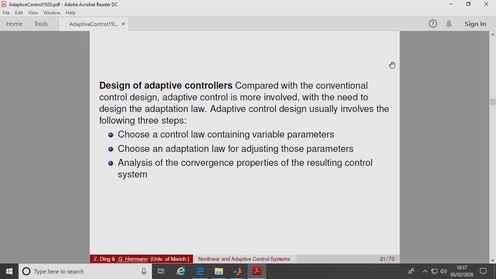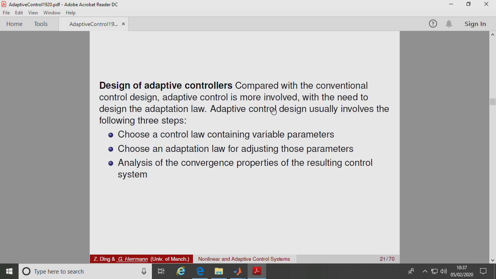And then we need to choose an adaptation law, and we will see that we can do this through Lyapunov analysis. Then we have to analyze for stability. And I would almost say that these two steps, you often combine them: you combine the analysis and the finding of the adaptation law.